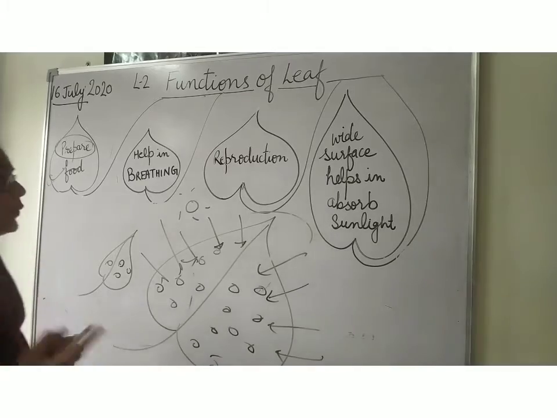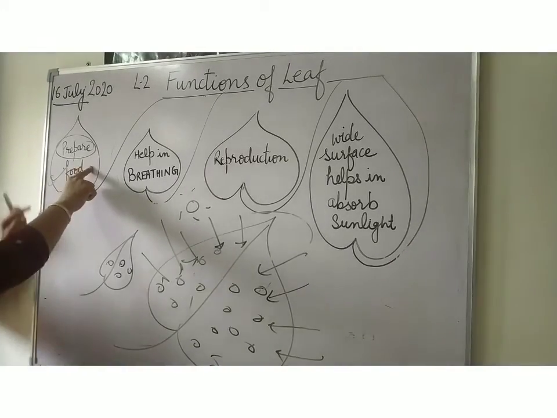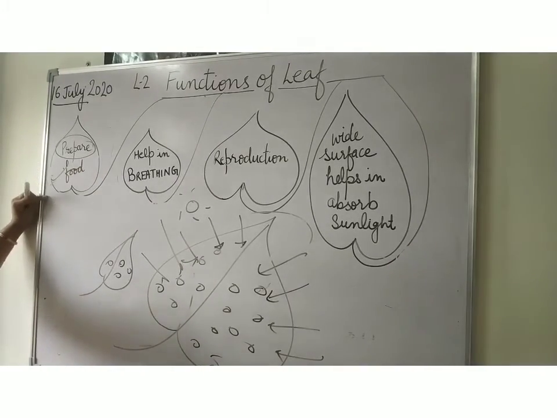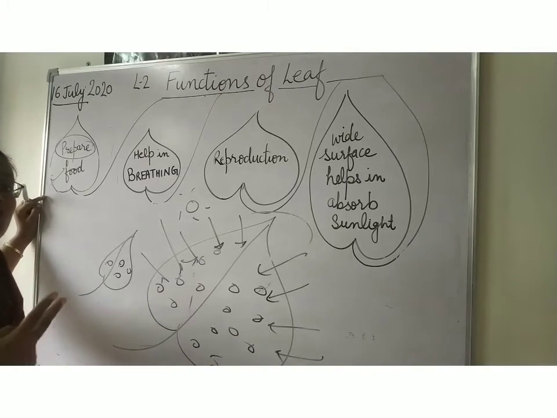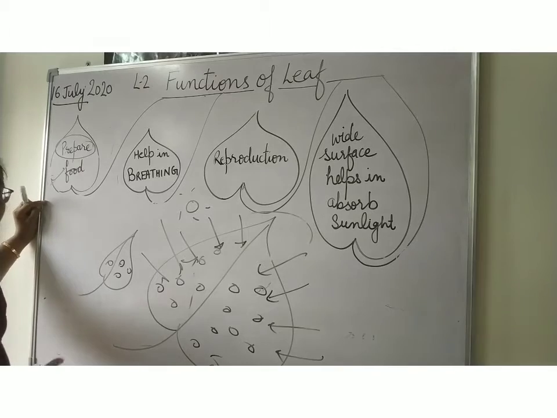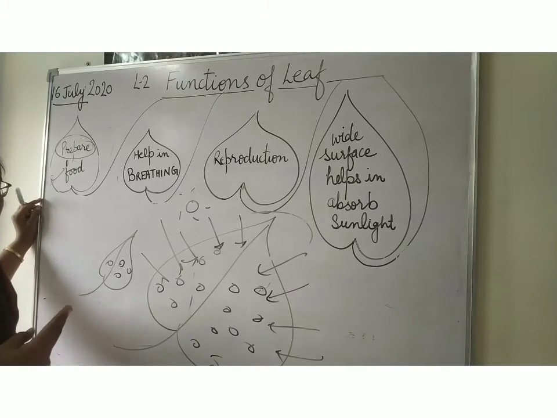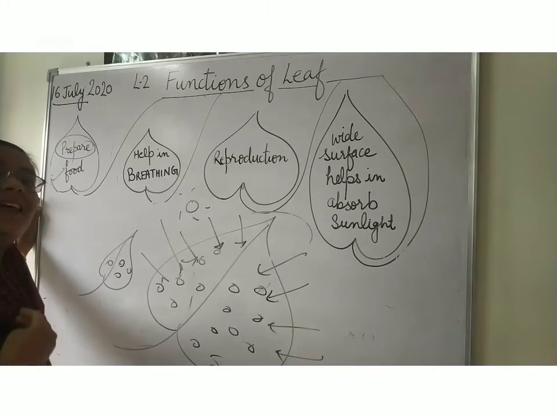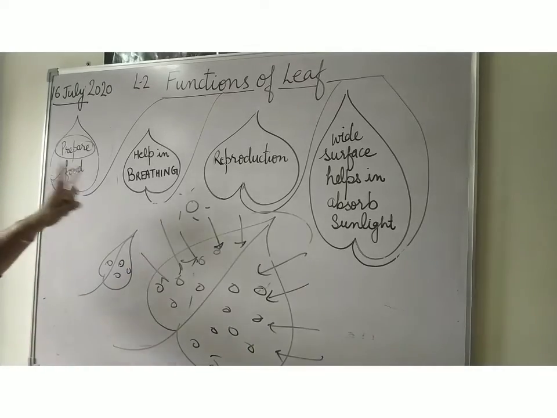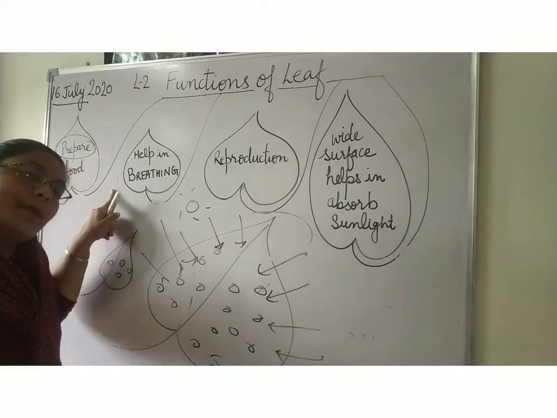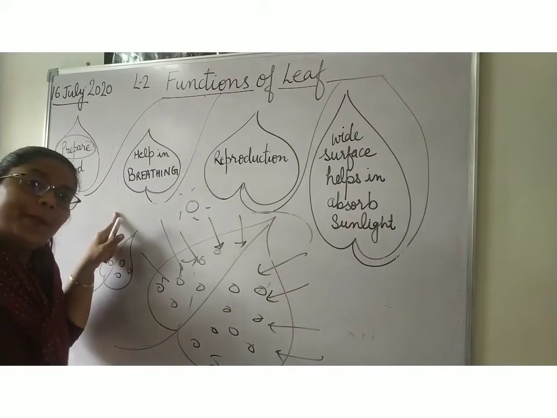I will take a quick recap. First function is to prepare food or to store food. Second, it shows the modifications of the leaf due to which it creates spines and tendrils. Okay. Next, it helps in breathing because of the presence of stomata.